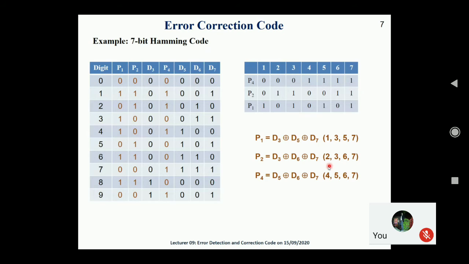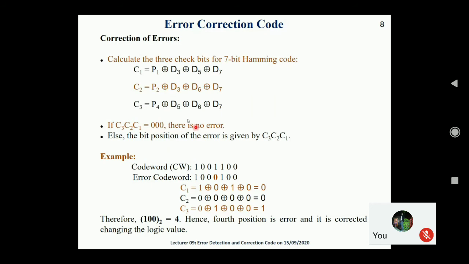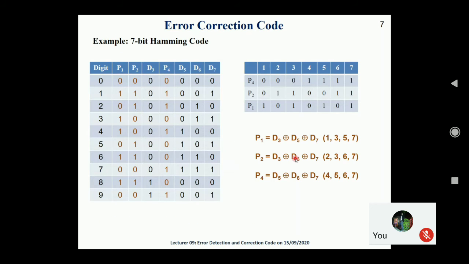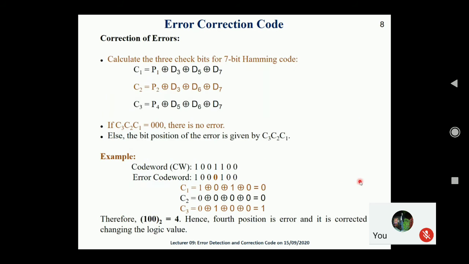Bit position 2 is P2, the parity bit, and 3, 6, 7 are the data bits. C3 means 4567, so I am writing P4, D5, D6, D7, where P4 is the parity bit.